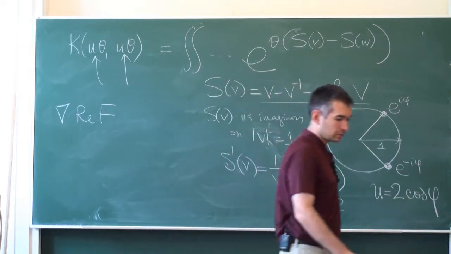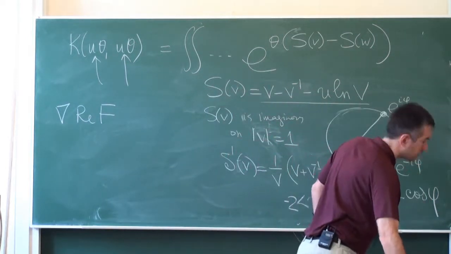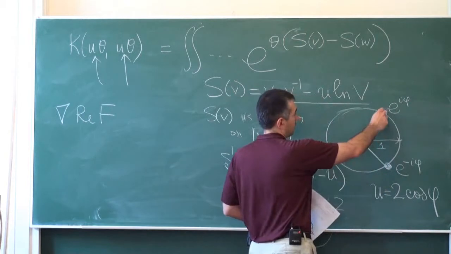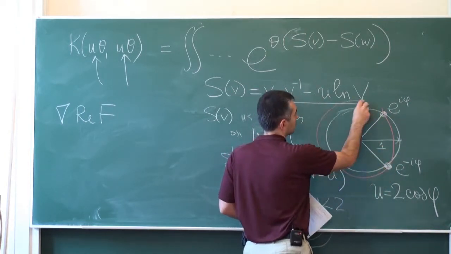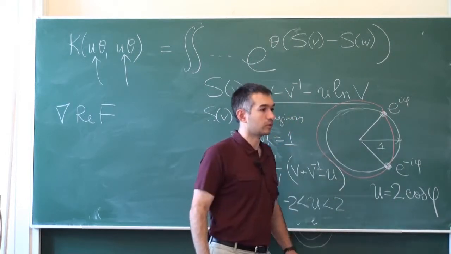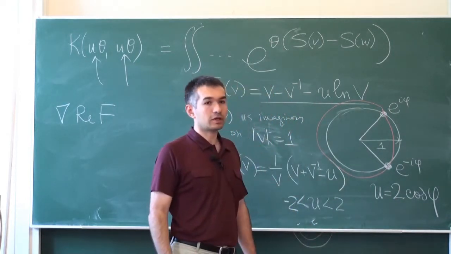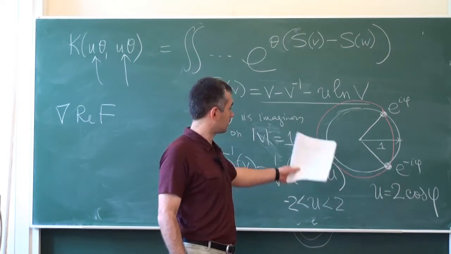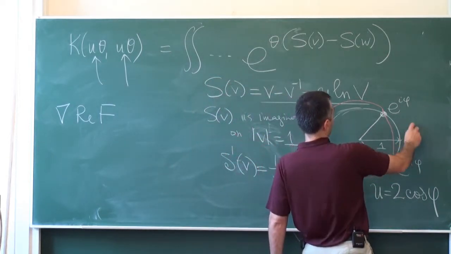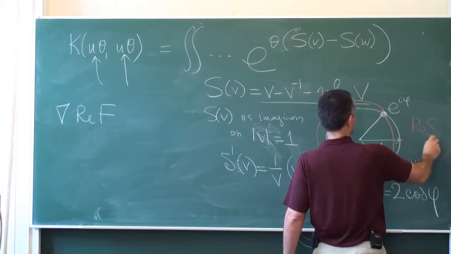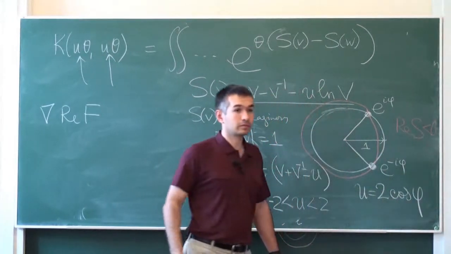So the statement that I want to make is that if I take my contour and I shift it a little bit inside the unit circle between these critical points and a little bit outside the unit circle on the other part, then on the pink contour, the real part of S will become negative.